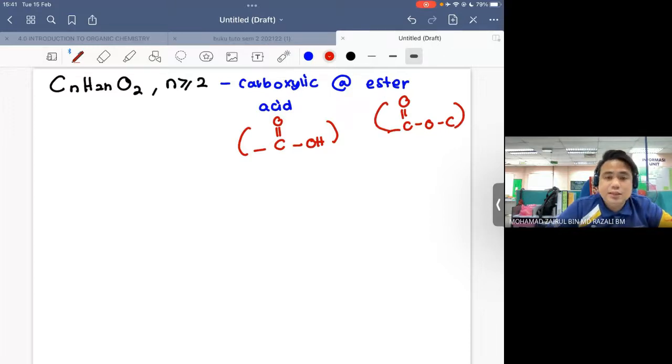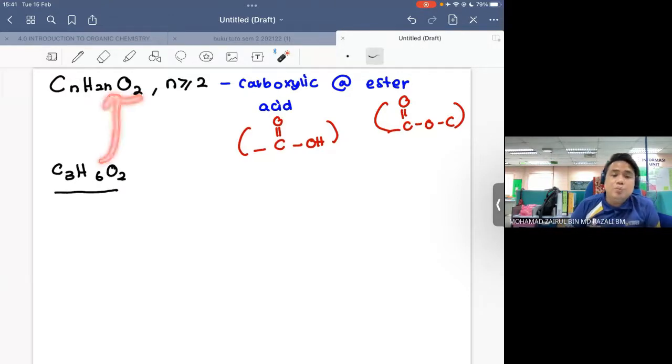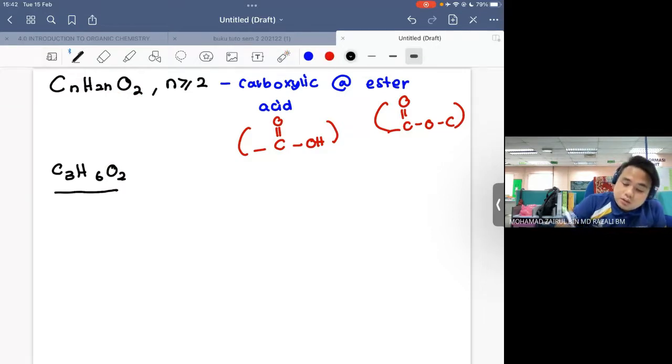This is ester. Okay, so kita tengok kalau kita ada C3H6O2. Kalau awak tengok C3H6O2 dia satisfy this general formula. Okay, so let's draw the carboxylic acid dulu. So, draw 3 carbon.